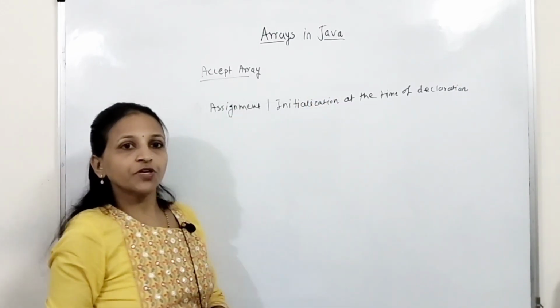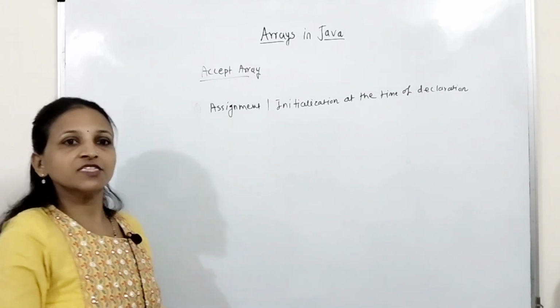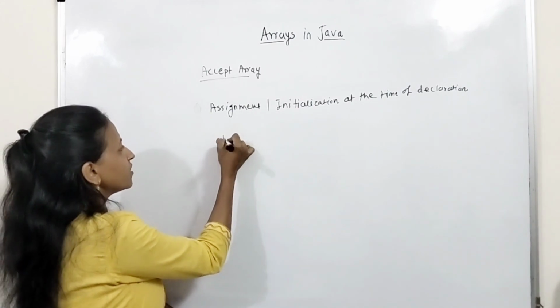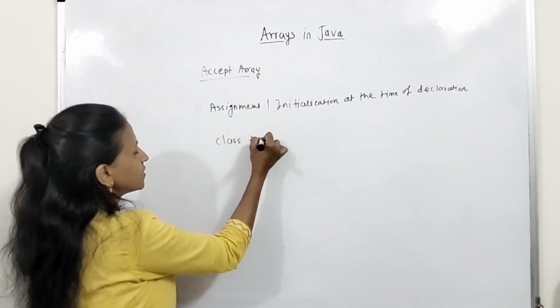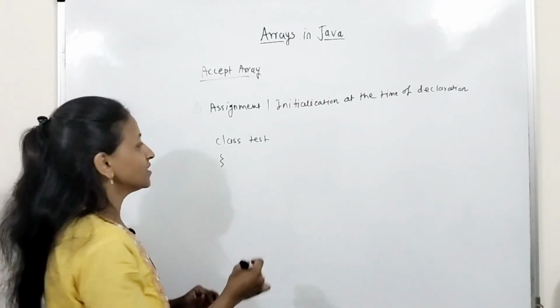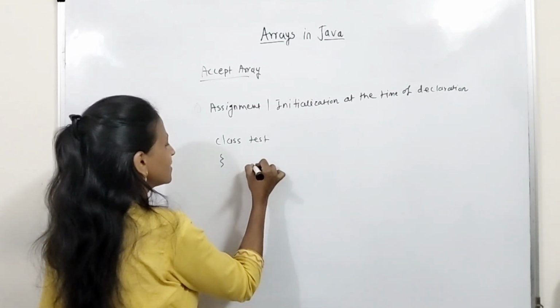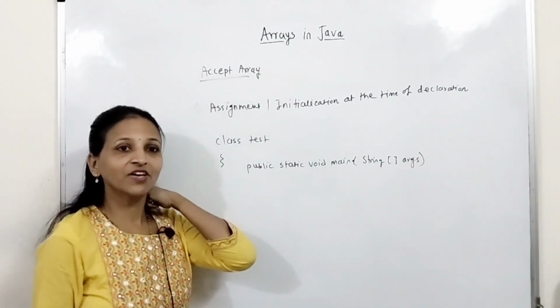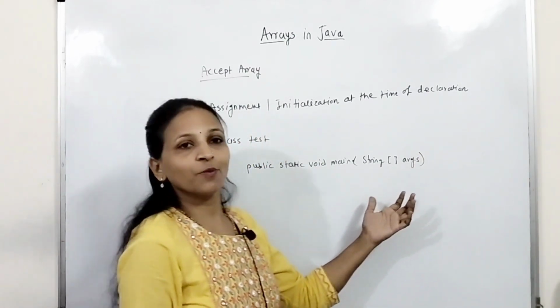For that, I am going to explain one program. Directly we'll see one program here. We have to create one class, let's say Test, and inside that public static void main, String args we have to write. This args is again one kind of array that we are using in every Java program.